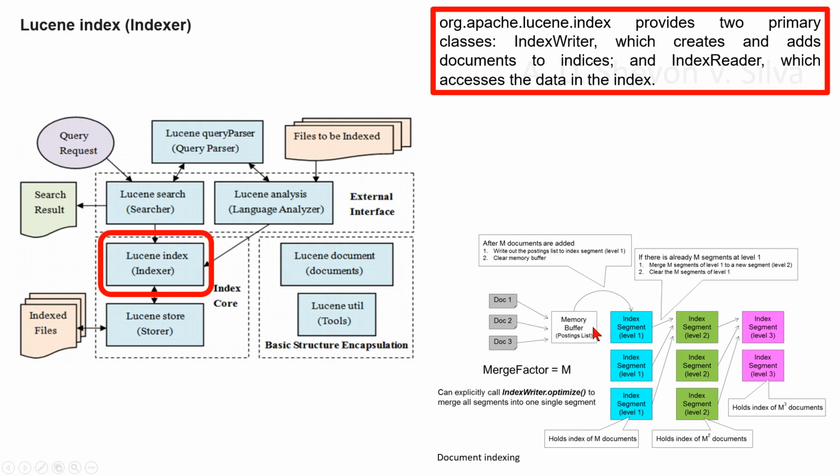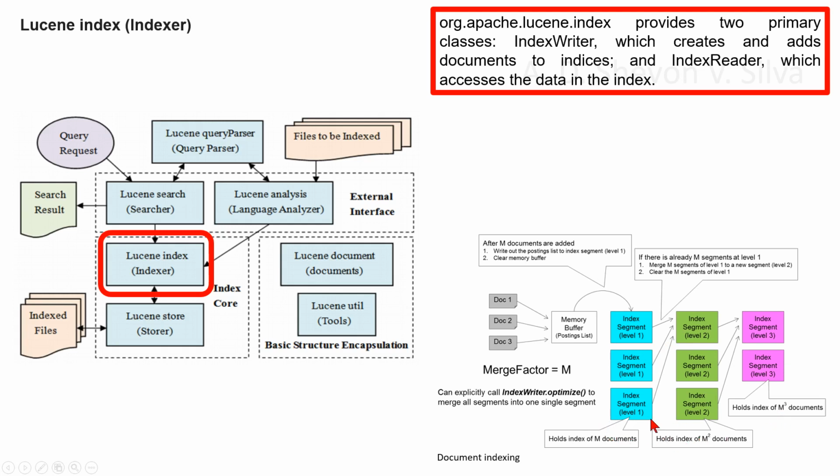As more and more documents are inserted into the memory buffer, it will become full and will be flushed to a segment file on the disk. In the background, when M segments have been accumulated, Lucene merges them into bigger segment files. Notice that the size of the segment files at each level is exponentially increased: M to the power 2, M to the power 3.